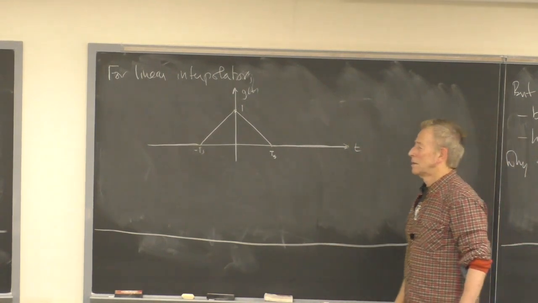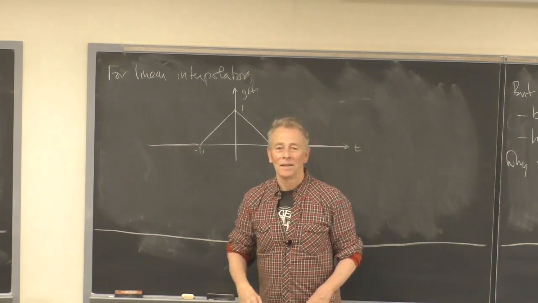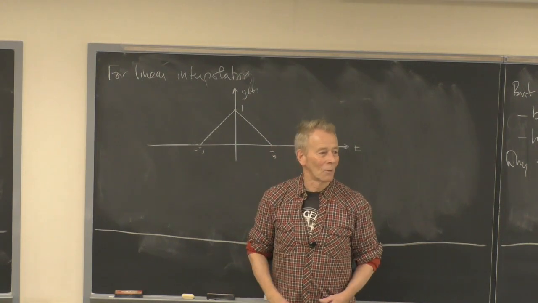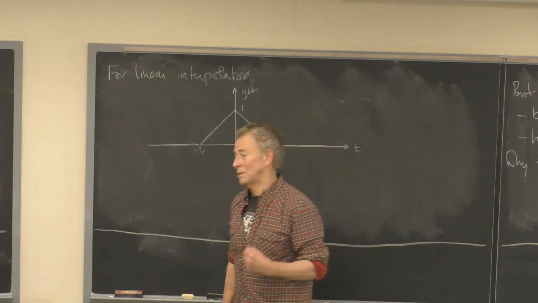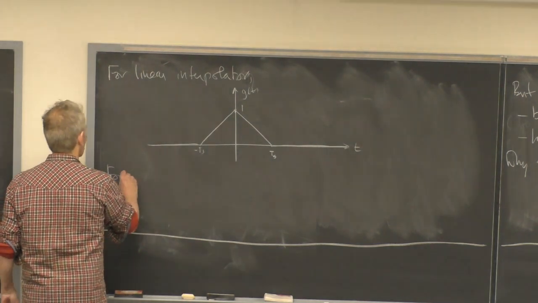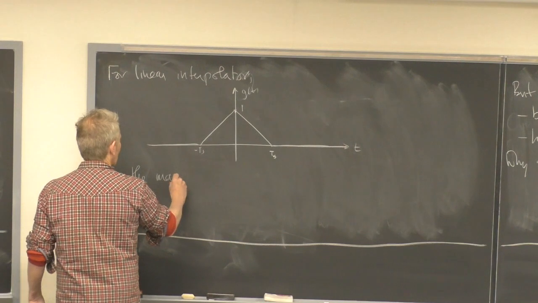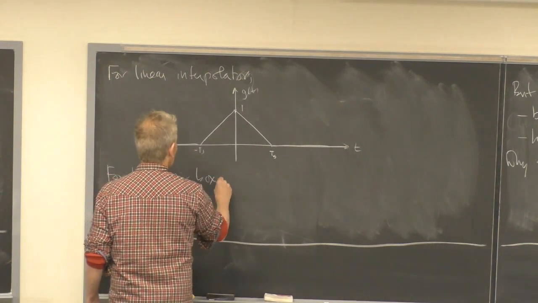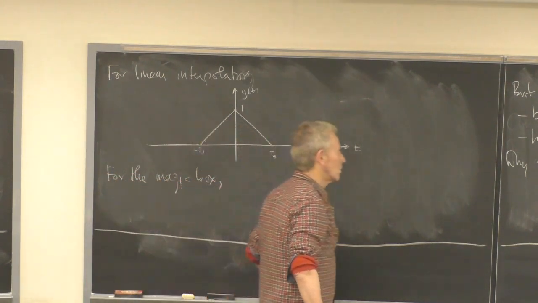All right. So what is the interpolation function g of t for the magic box? Does anyone know what it is?